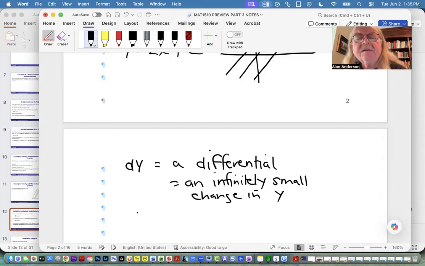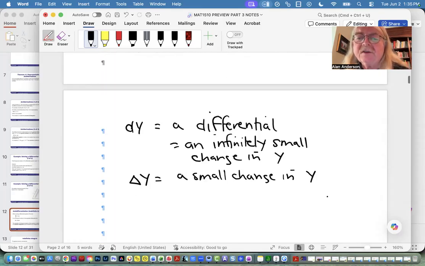You've encountered many times before this notion of delta y, which is a small change in y, which we use, of course, to help calculate a slope, delta y over delta x. But when the change is infinitesimally small, we now call it a differential, and we write it as dy instead of delta y.